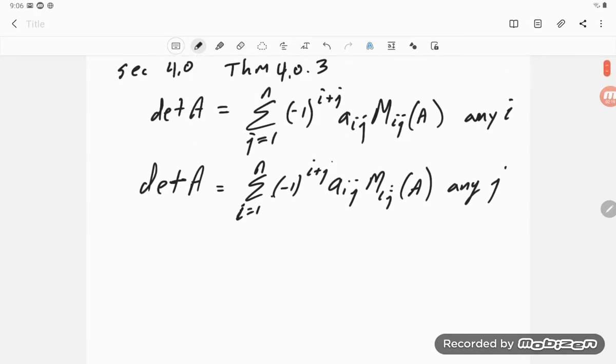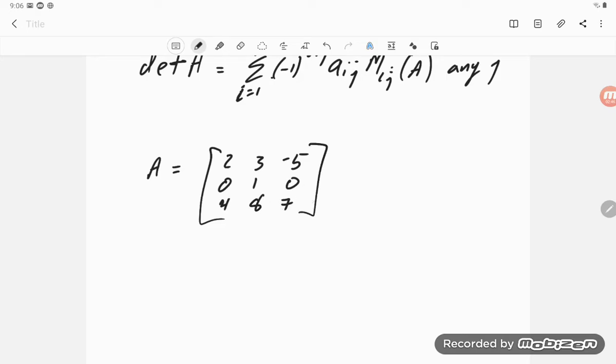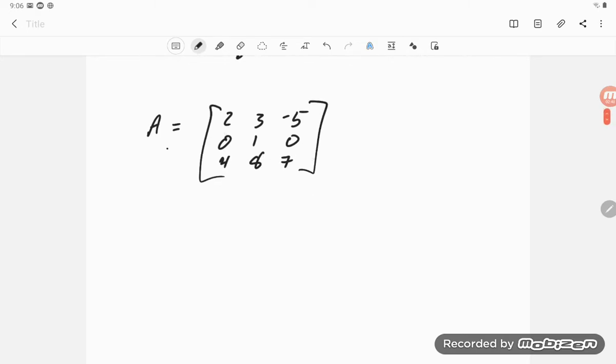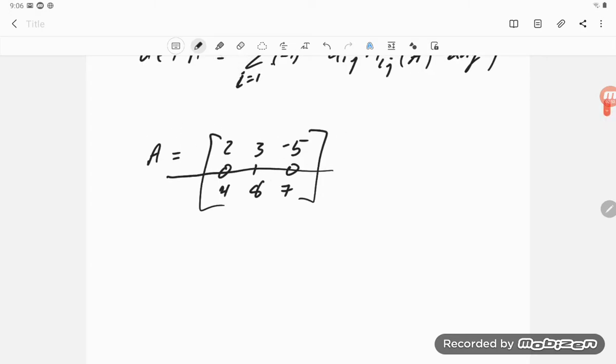Okay, so what this means is if I have a matrix that's a little more sparse, say the first row is 2, 3, -5, but the middle row here is 0, 1, 0, and then 4, 8, 7. Then what I'll probably want to do is use that row for my determinant.